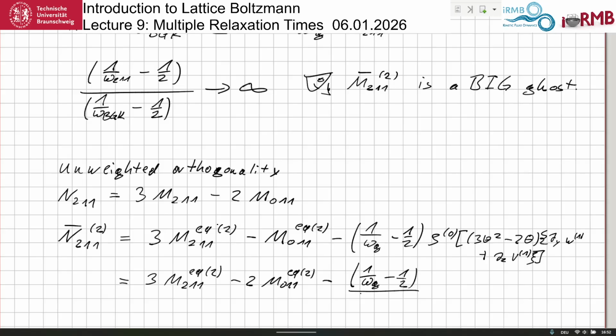So we'll have a similar thing going on again: omega BGK minus 1/2. So you see this thing here does not disappear.